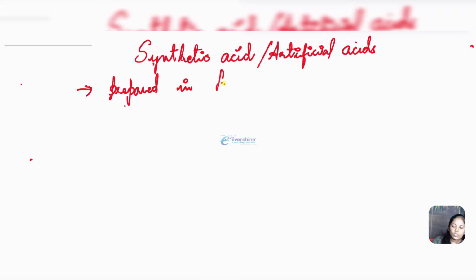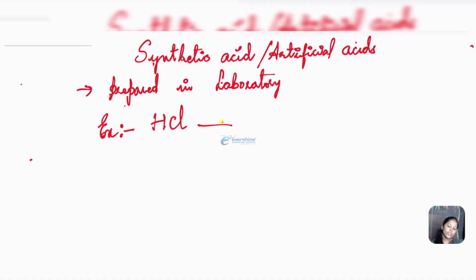So synthetic acids are those acids which are prepared in laboratory. Can you give some examples of synthetic acids? Hydrochloric acid. What is the formula of hydrochloric acid? HCl. In this you can see it has H plus and Cl minus.